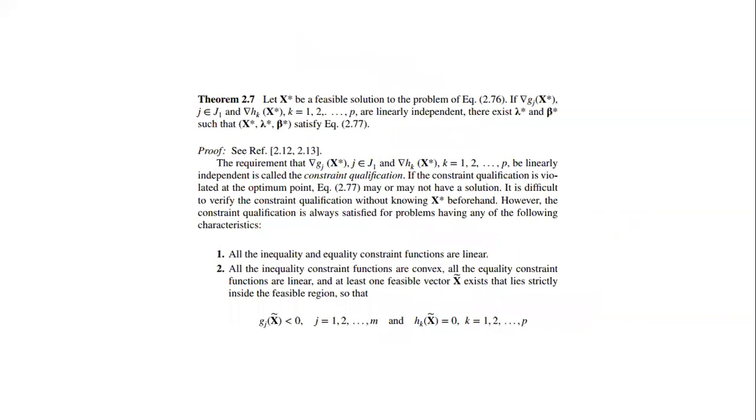Okay, as we said, the Kuhn-Tucker condition is necessary but not sufficient. So a sufficient condition can be related with theorem 2.7.